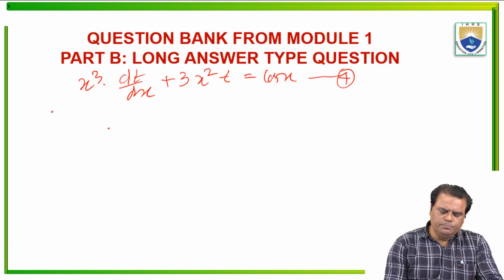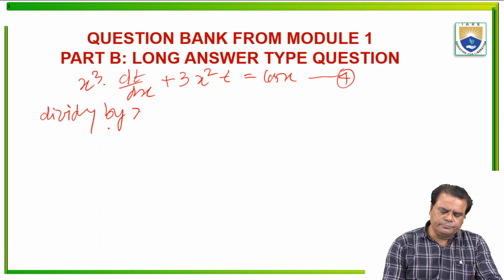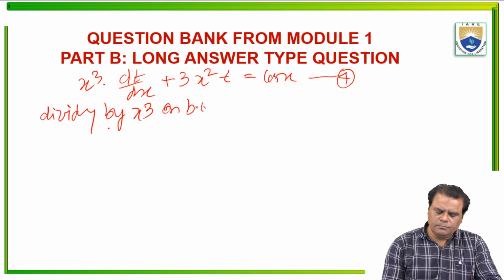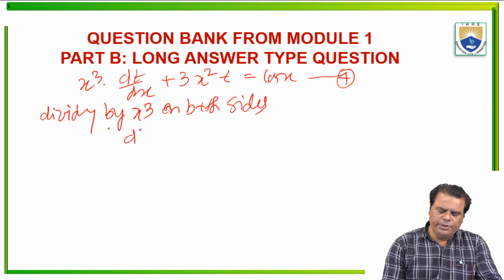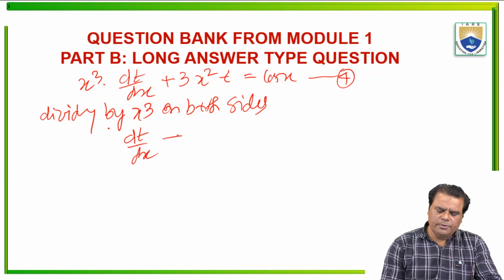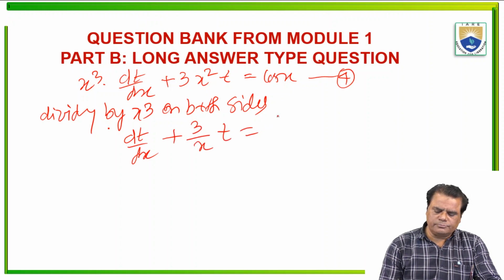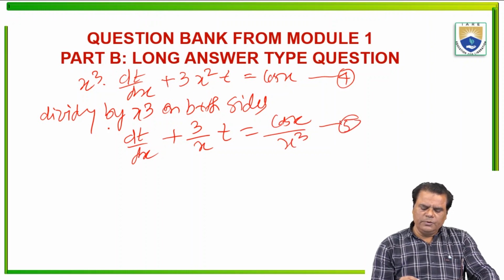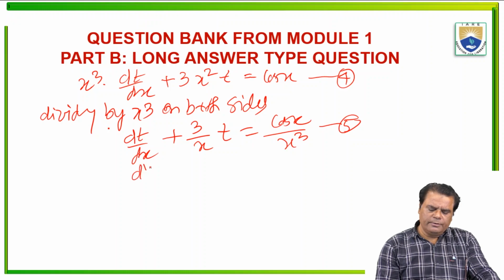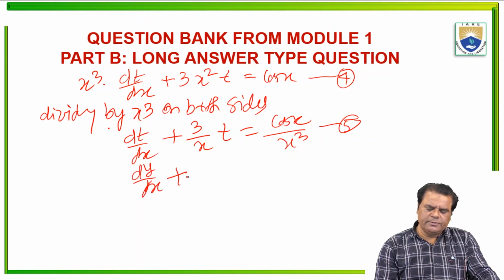Dividing by x cube on both sides, dt over dx plus 3 upon x t equals cos x upon x cube. This is the same as the equation dy dx plus py is equal to q.